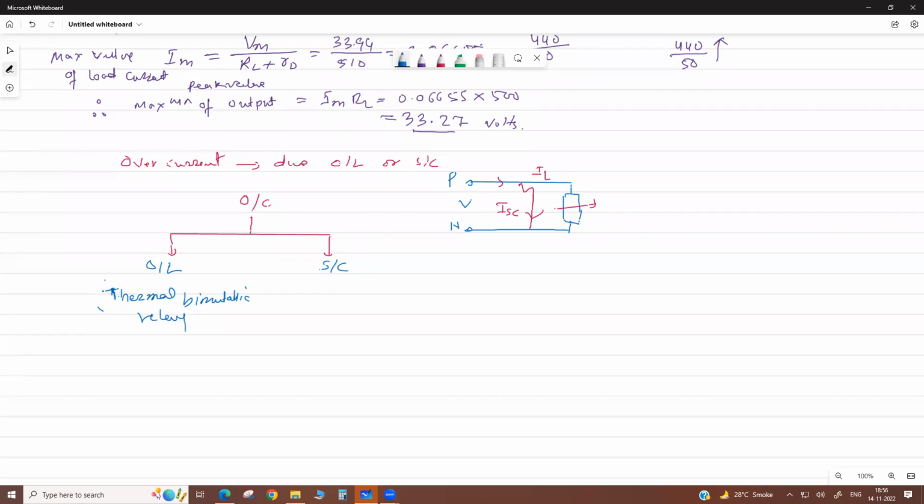But for short circuit, we generally use an electromagnetic release or relay, or an electronic relay. So these are the methods of overcurrent protection. Or sometimes numerical static relays are there.